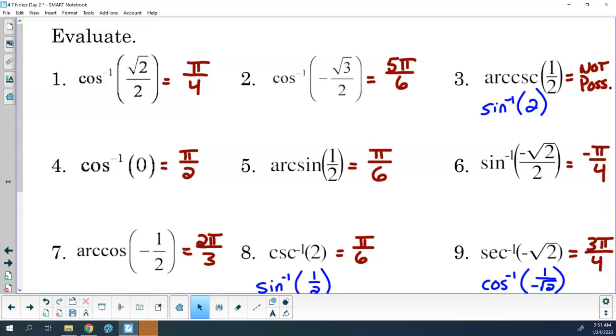But then for the rest of the time, the next 40 minutes, the next 2 mods, you are going to discover the inverse tangent function by graphing tangent, then switching the x's and the y's, and doing exactly what we did with that. Okay?